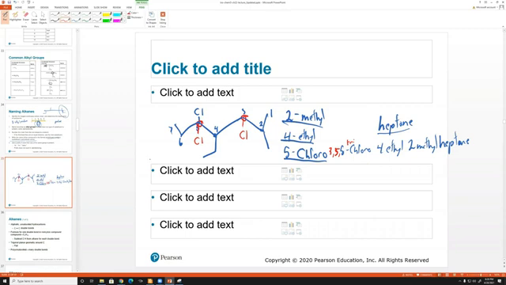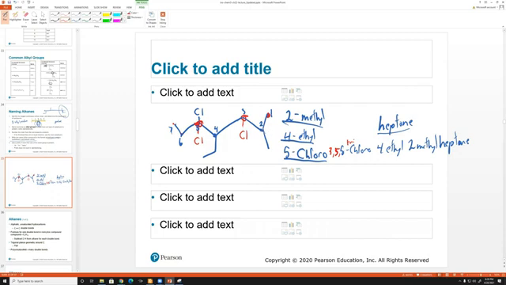Okay, so the 2-methyl, so we're counting from this side. The reason why is because we want to count from the side that has the lowest number substituent. So if we count from the left side, we have 1, 2, 3 is when the first thing happens, the first offshoot. But when we're counting from the right, we only have 1, 2. So that's where we base our numbers from.